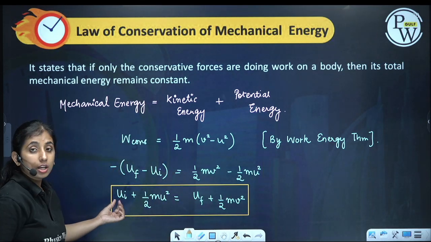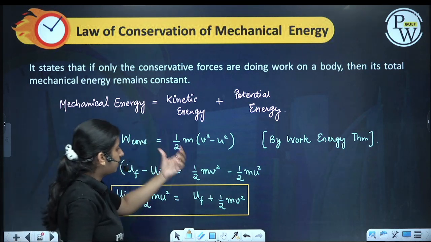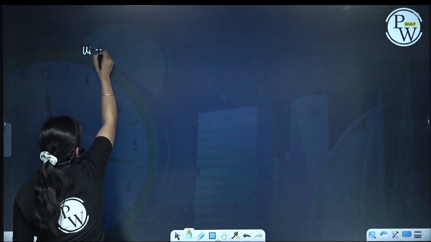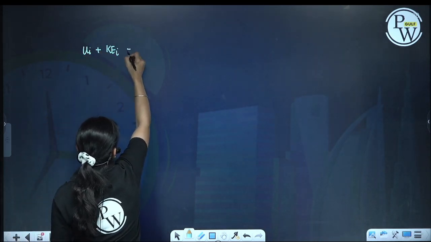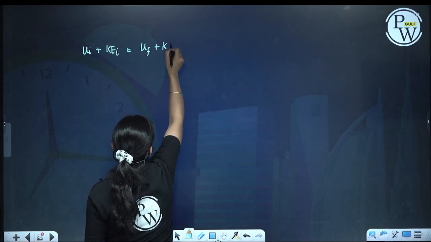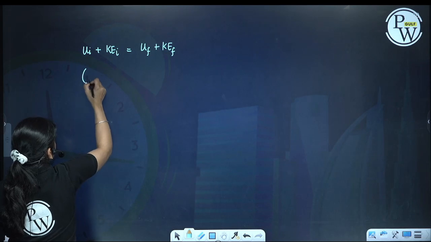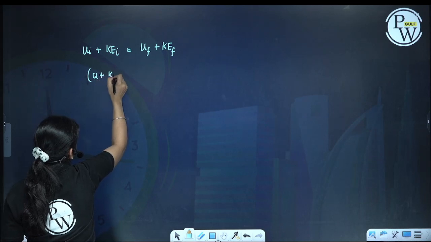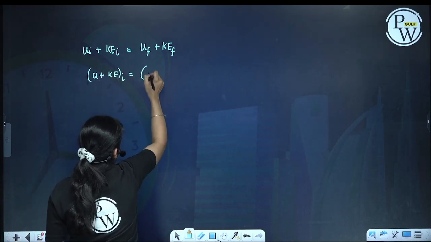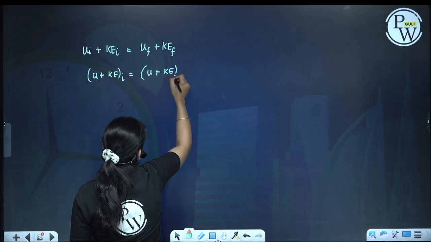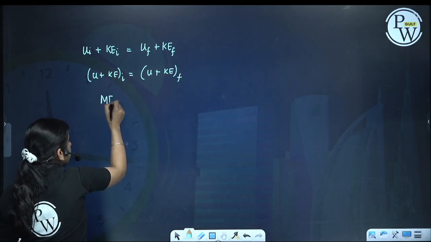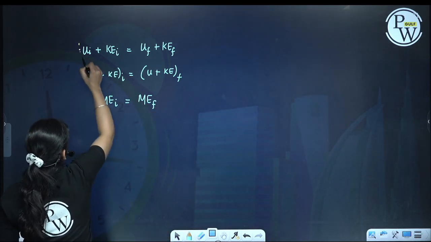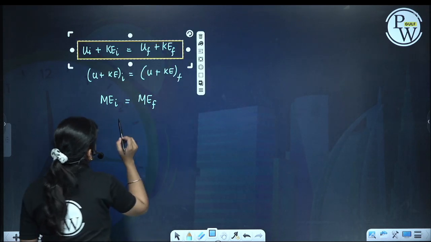This is initial potential energy plus initial kinetic energy, equal to final potential plus final kinetic energy. So mechanical energy initial is equal to mechanical energy final. This is the law of conservation of mechanical energy.